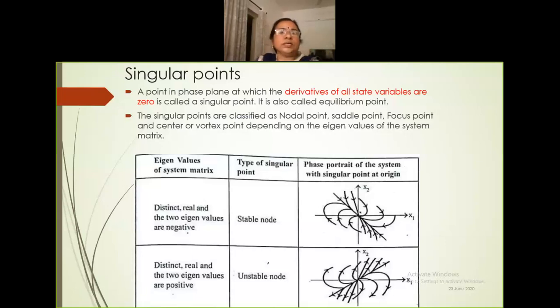Now, the singular points are classified as nodal point, saddle point, vortex point, depending on the eigenvalues of the matrix. Now you tell me how many eigenvalues will be there for the second order system? Second order, the characteristic equation.